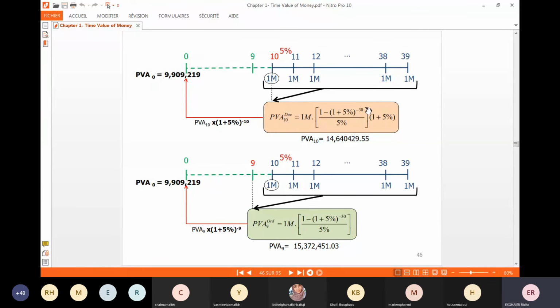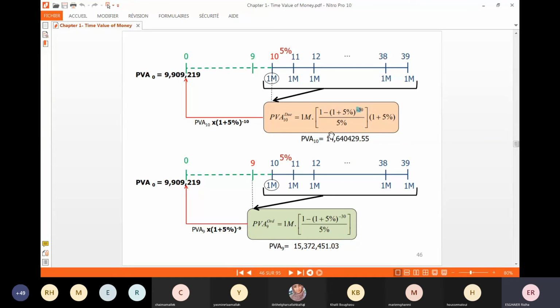N is 30. It's not 10. It's not 39. It's not 0. It's the number of 1 million. How many 1 million? We have 31 millions power minus 30 to say that it's a discounting process, a negative power. I computed the value at the date 10, which is 14 million.